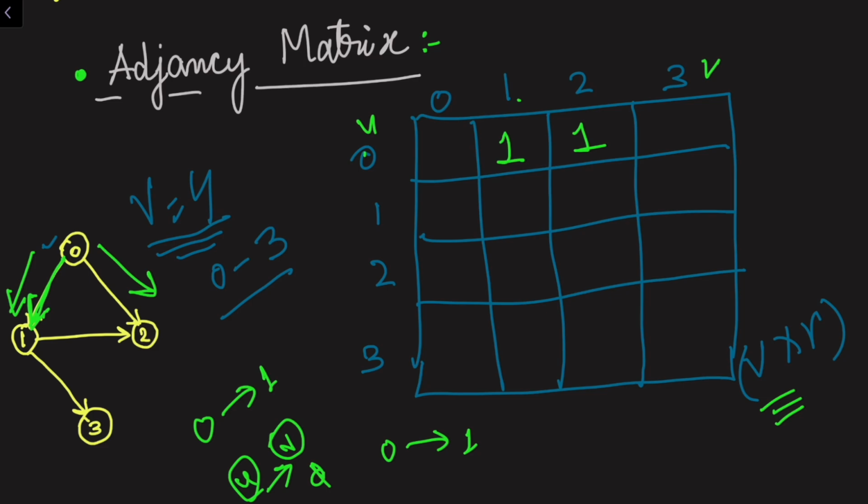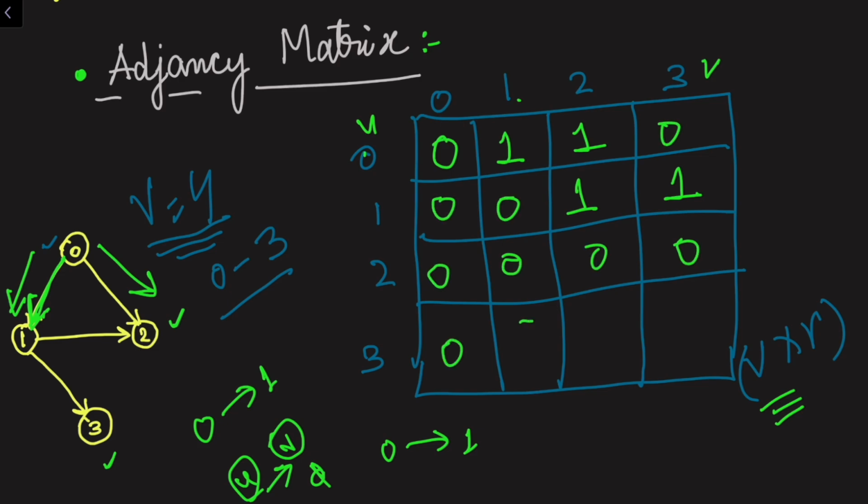So from 1 to 2 we mark 1, and 1 to 3 is also 1. From 2 there is no arrow going outward, and from 3 also there is no arrow going outward. The rest of them will be 0.